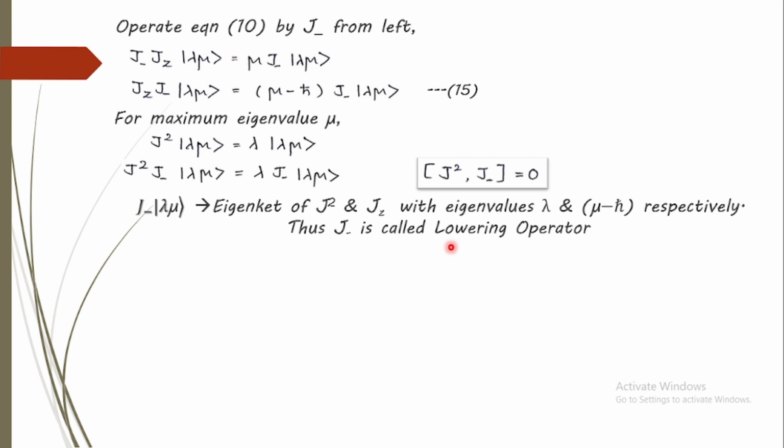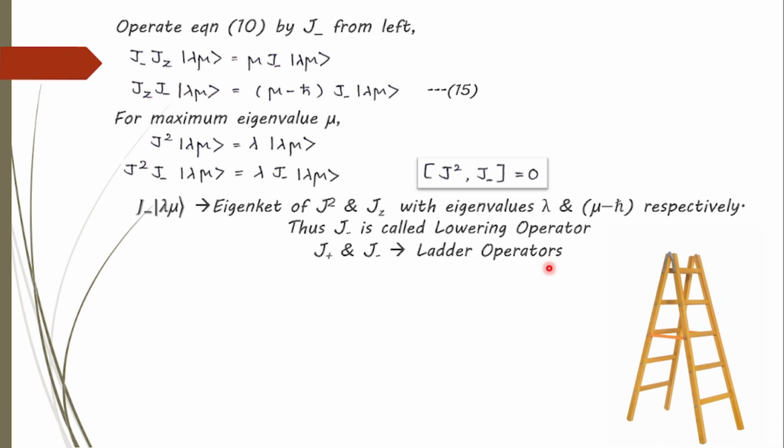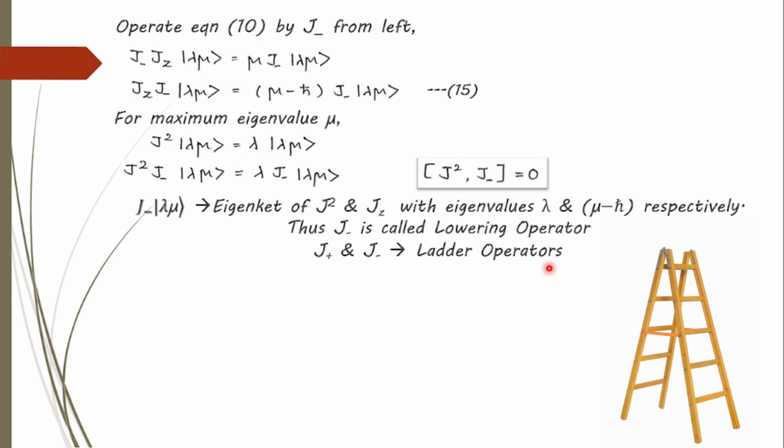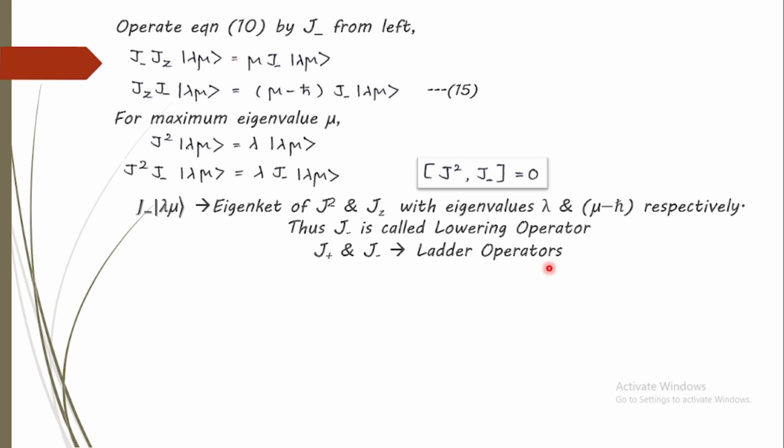Based on this functionality, these two operators are named like this. Together, j plus and j minus are referred to as ladder operators. We know that a ladder is used to either step up or step down with a certain step size. Here the step size is h cross, step up corresponds to j plus, and step down corresponds to j minus. So the name ladder operator.